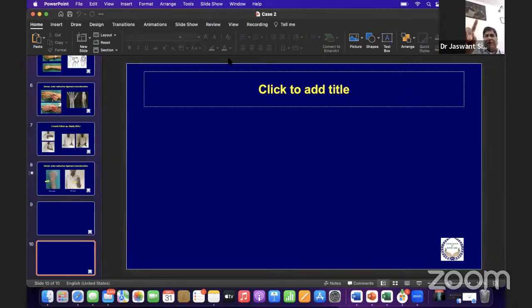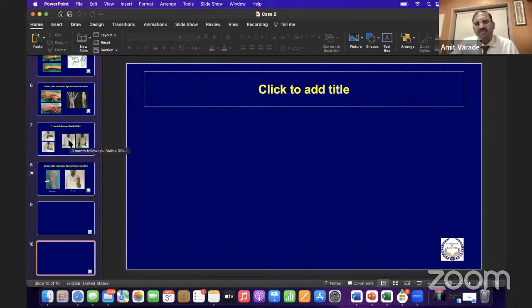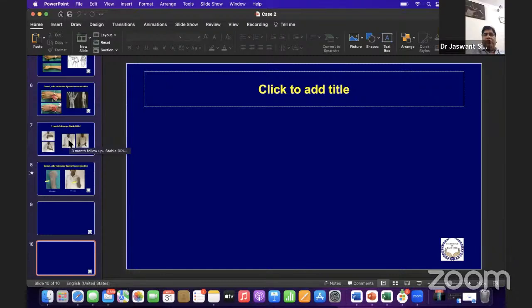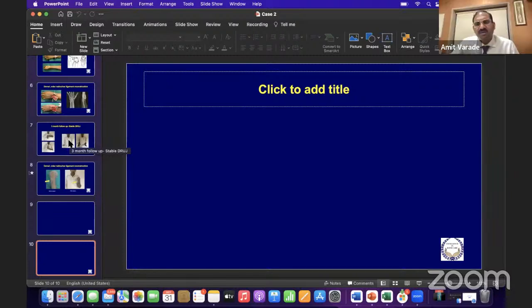Yes, Amit, can I ask a question now? Yes, sir. What size of drill do you use for the palmaris longus graft? So we have to make 2 tunnels, one in the radius and one in the ulna.